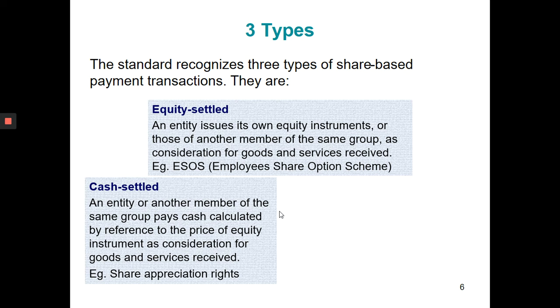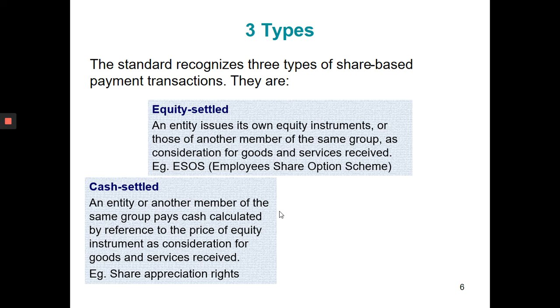However, when you have cash settle, it is still share-based payment but cash settle, in the settlement, when it comes to the settlement period, the supplier will receive cash. They do not receive shares. They will receive cash. But the cash amount is based on the equity instrument.